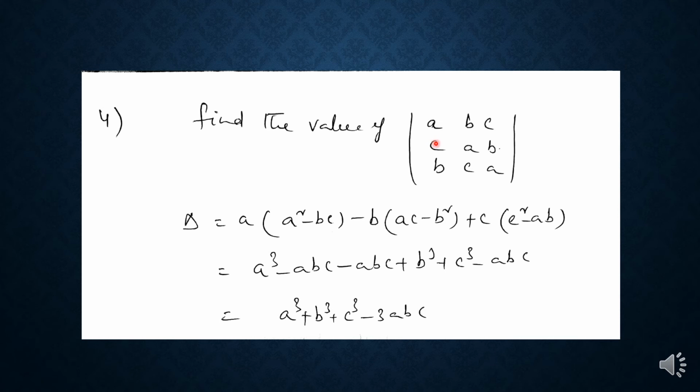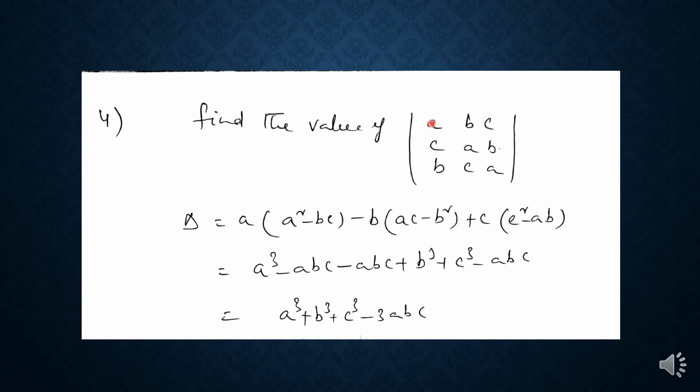What is the minor? Minor of an element is the determinant obtained by deleting the row and column where the element occurs. So while taking the cofactor, we get minus for some of these elements. To evaluate this determinant, take the first row: A into its cofactor.